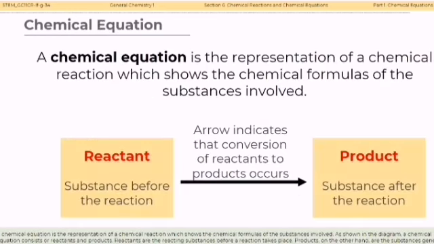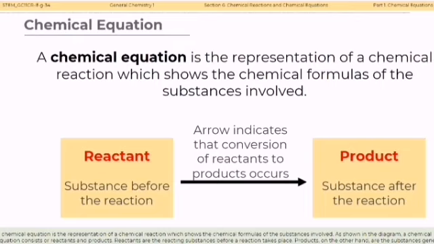A chemical equation is a representation of a chemical reaction which shows the chemical formulas of the substances involved. As shown in the diagram, a chemical equation consists of reactants and products. Reactants are the reacting substances before a reaction takes place.